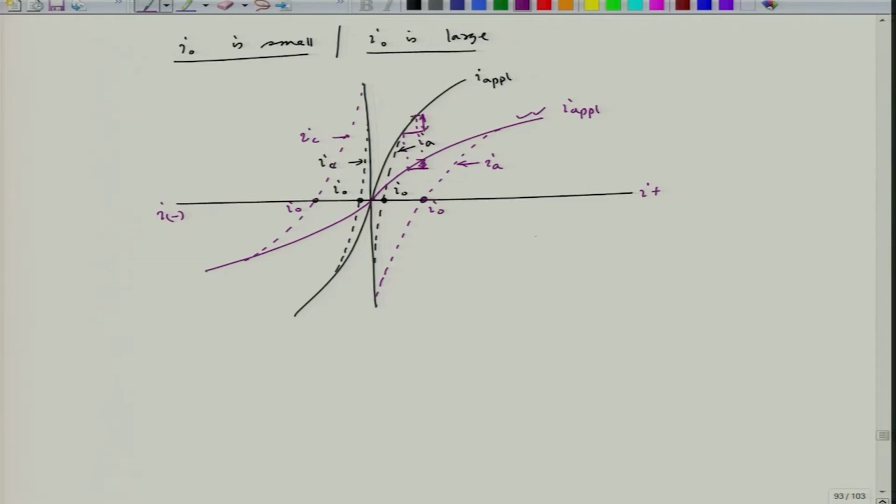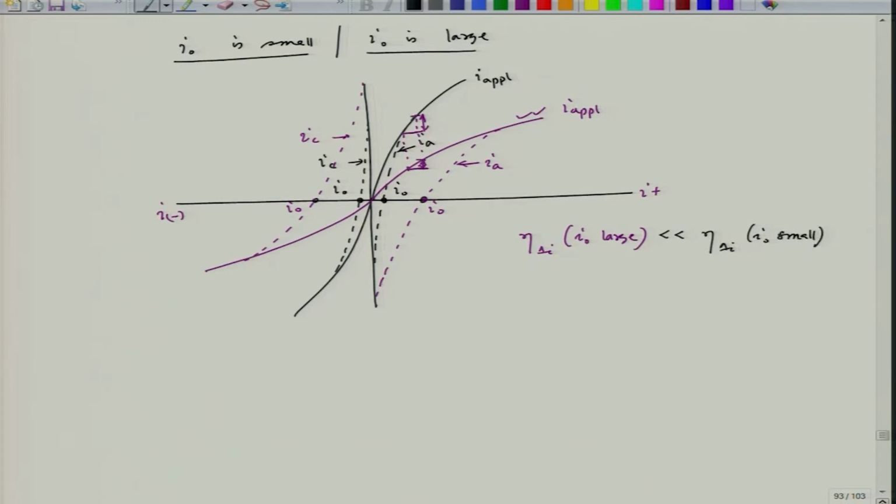So, that means we could see that the overvoltage for delta I in case of I0 large is smaller than for I0 small.